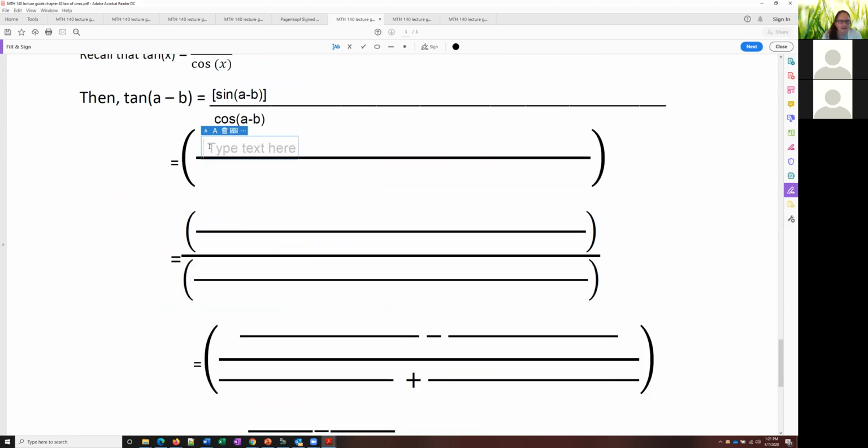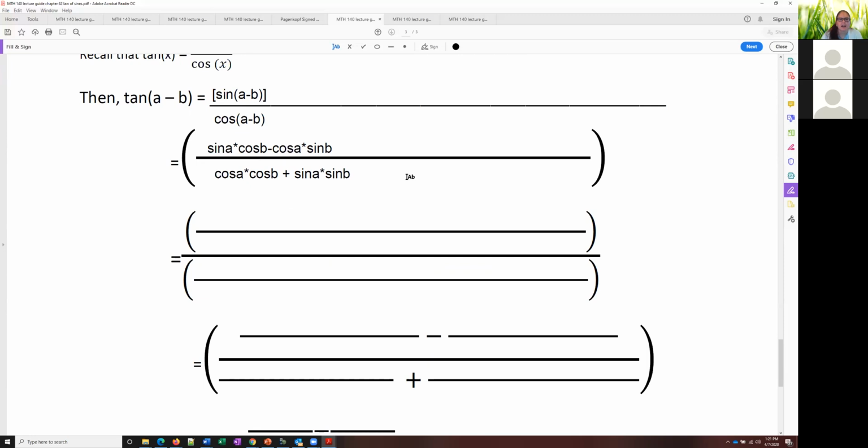So the top of this becomes the sine of a times the cosine of b minus the cosine of a times the sine of b. And the bottom is the cosine of a times the cosine of b plus the sine of a times the sine of b.